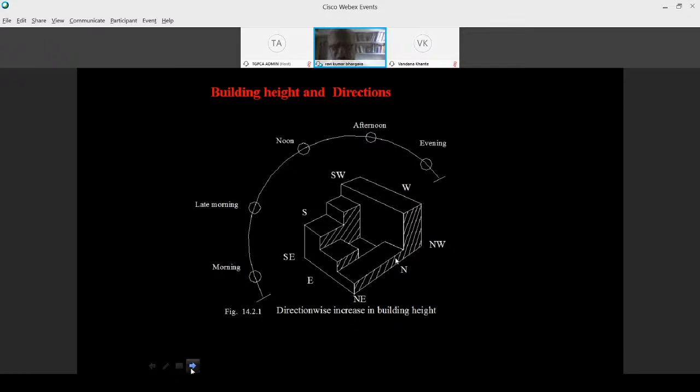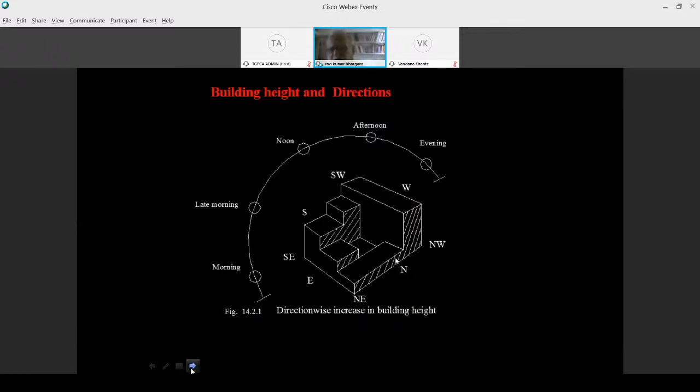Friends, also keep in mind the position of the sun in the transitional period. During the afternoon, at the time of maximum daytime temperature, the sun will be towards the southwest.